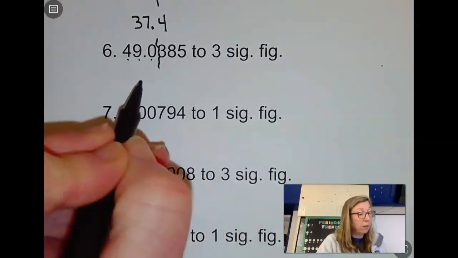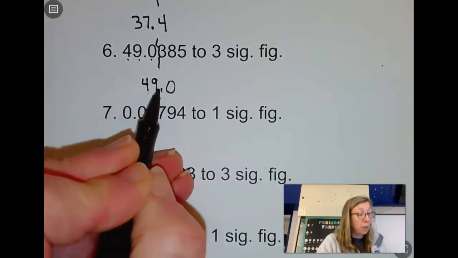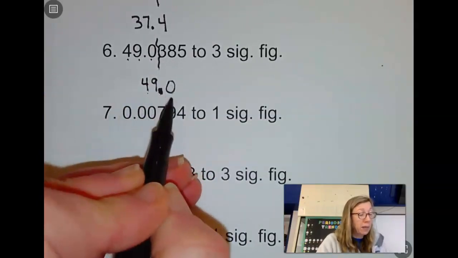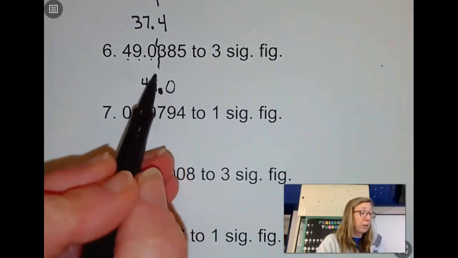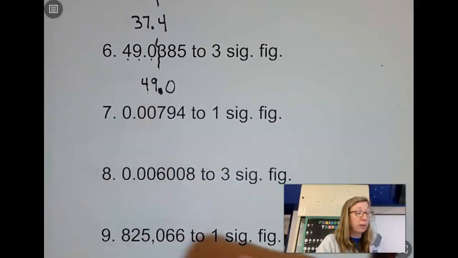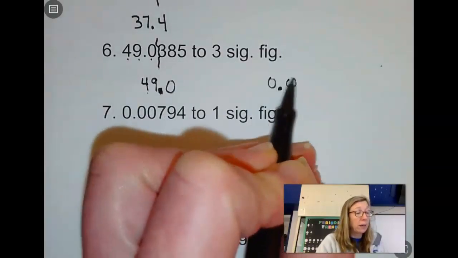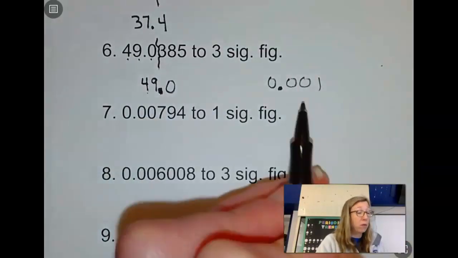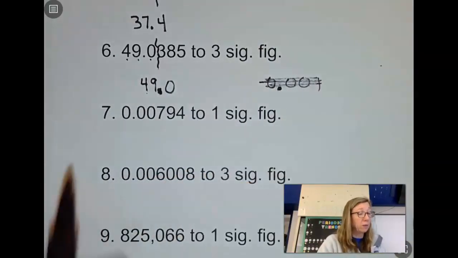That 3 doesn't make it round. 49.0. 1, 2, and because there's a decimal, that 0 is not just a placeholder, because we have a decimal and a non-zero number here. A zero is only a placeholder if there are no non-zero numbers out here to the left of the decimal.